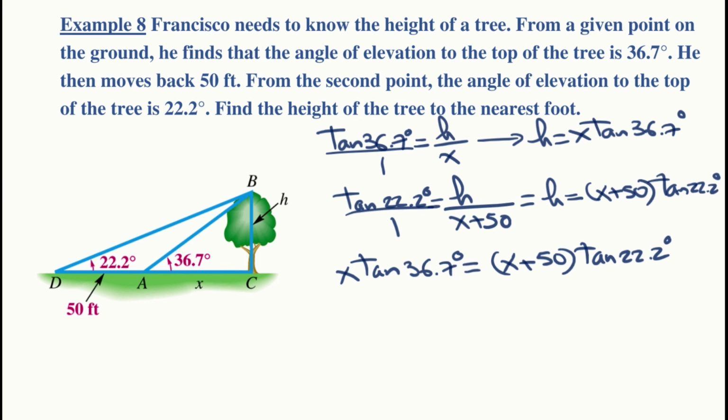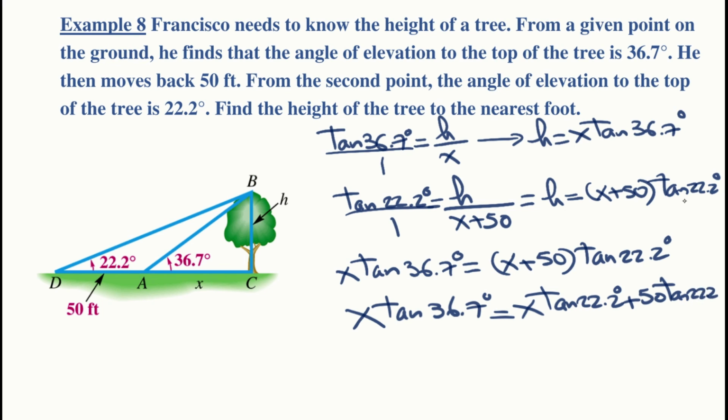Now I need to go ahead and distribute the tangent of 22.2 degrees and solve for x. So we get x times the tangent of 36.7 degrees equals x times the tangent of 22.2 degrees plus 50 times the tangent of 22.2 degrees.